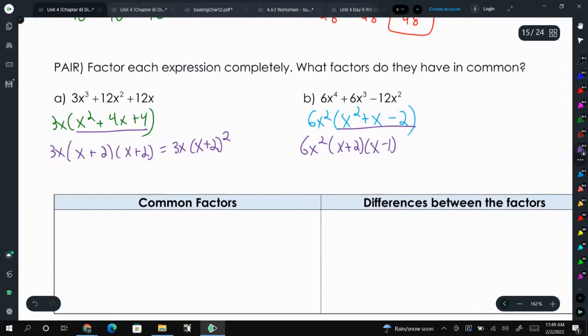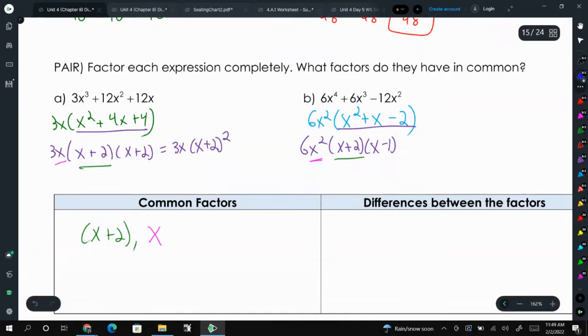So common factors between these two. I think we can all agree that they both have an x plus 2 in common. I think we can all agree they have an x in common. Here's x, and this is x squared, so they have an x in common.